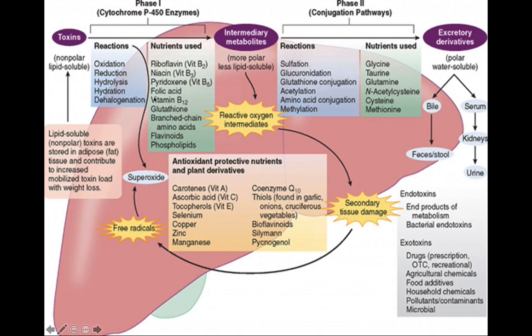Okay? So the reason why I say don't do a detox without doctor supervision is when the toxins come in and the liver is breaking them down, there are free radicals that are created. In between phase 1 and phase 2, there's a lot of reactive oxygen species that are created, and these are damaging to your DNA.